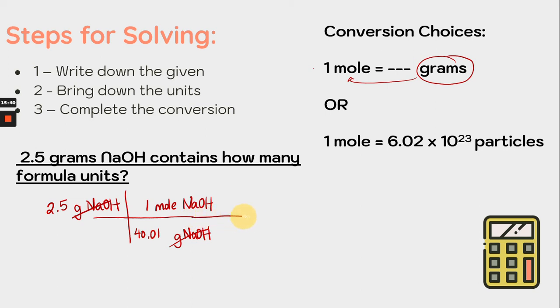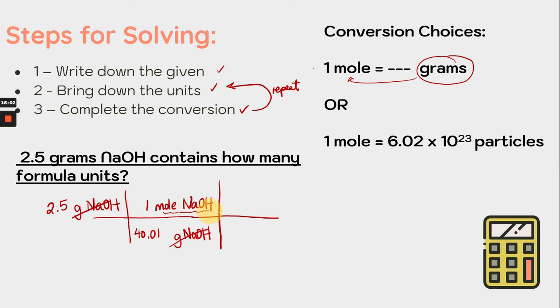So this is where something new comes in. If this unit here is not what you want, if I complete the conversion and it doesn't give me what I want, that's okay. All I have to do is repeat step 2. So I draw another line and I pretend like it's a brand new problem.